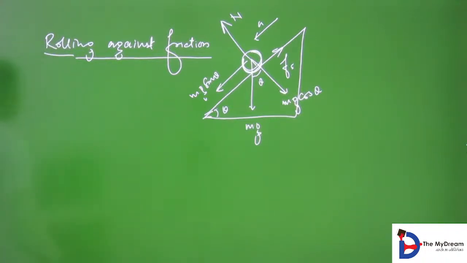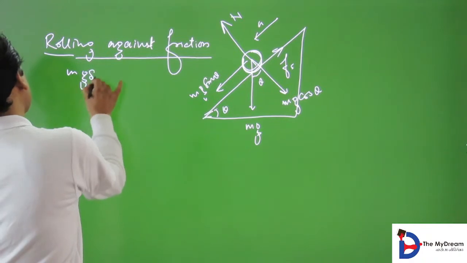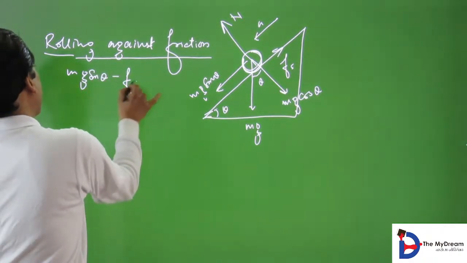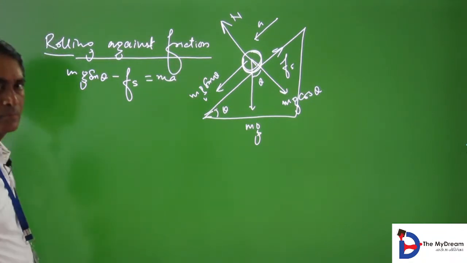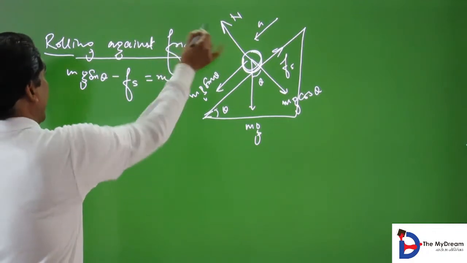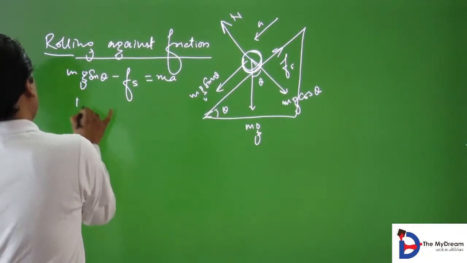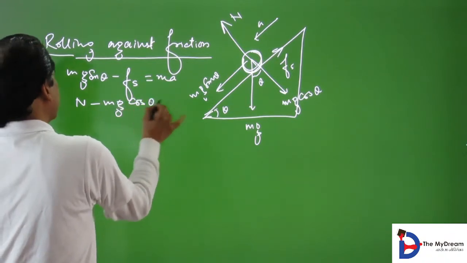So mg sin theta minus friction is equal to m a. N is equal to mg cos theta.